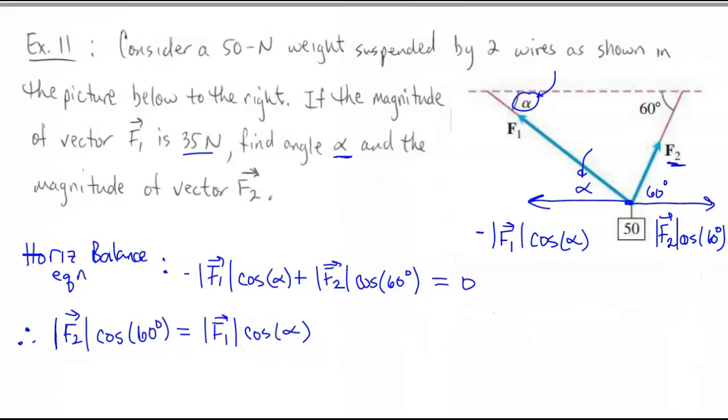And so here we remind ourselves that F1 is 35 newtons. And of course, if we use our right angle trigonometry here, this is 60 degrees and this is a right angle. This is square root of 3. This is 2. That's 1. And so cosine of 60 degrees would just be 1/2. Okay.